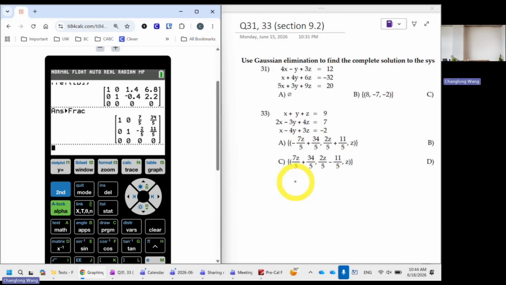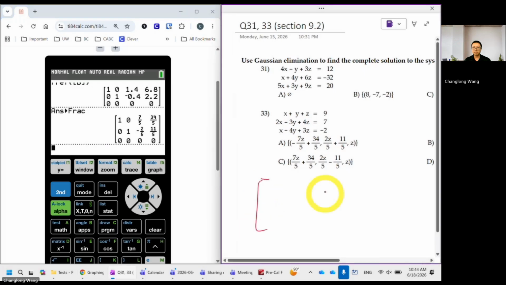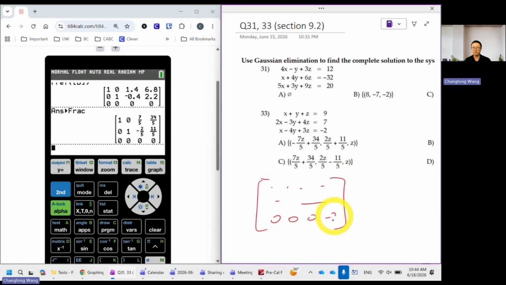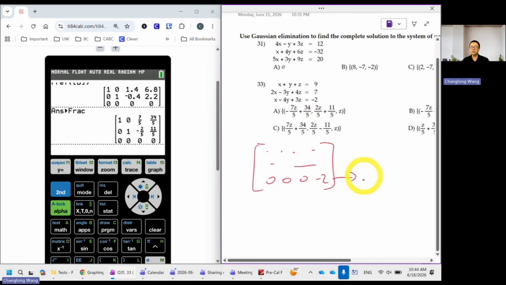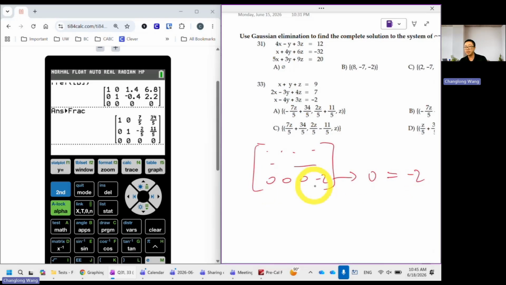The way to see that is for any row that looks like a whole bunch of 0s, and all of a sudden you have something non-zero. If you were to translate that row into an equation, it reads 0 equals -2, right? Because those zeros are the coefficients of x, y, z. But that's obviously not going to work, so that means you have a contradiction.